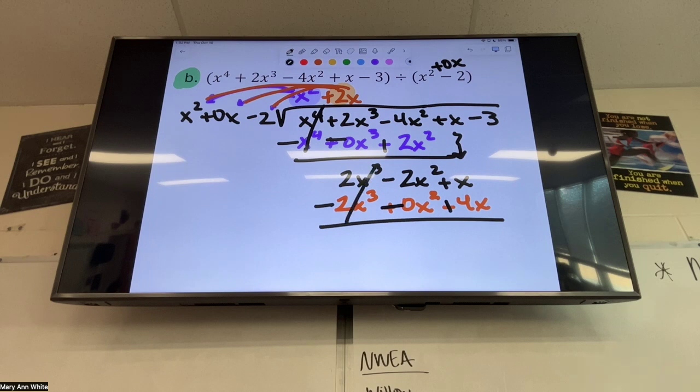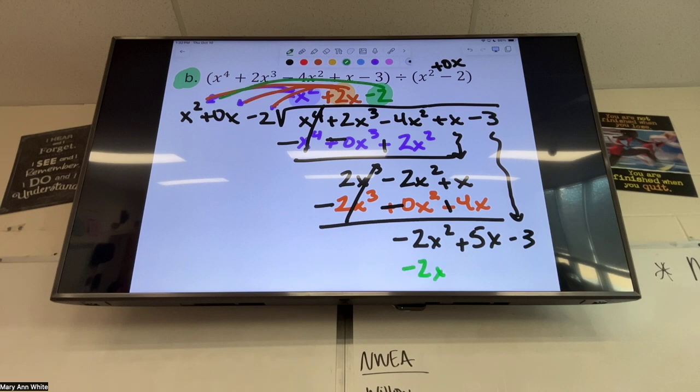Okay, then my 2x to the 3rd cancel. I get negative 2x squared plus 5x. And then we'll carry down my -3. And then last but not least, what multiplies by x squared to get me to negative 2x squared? -2, very good. And then we'll end by just multiplying everything by -2.